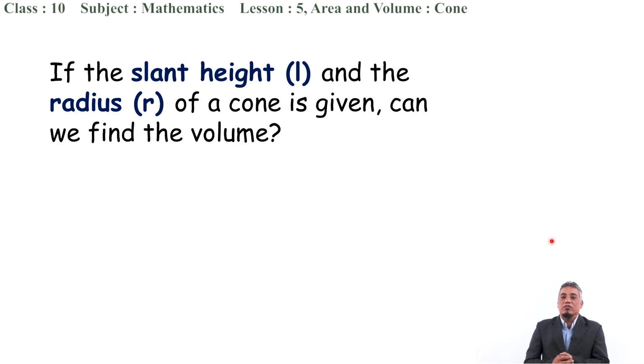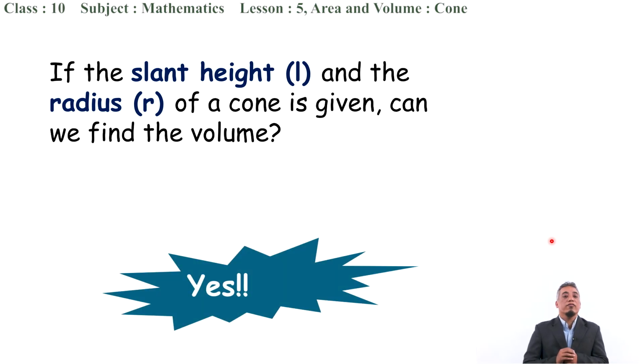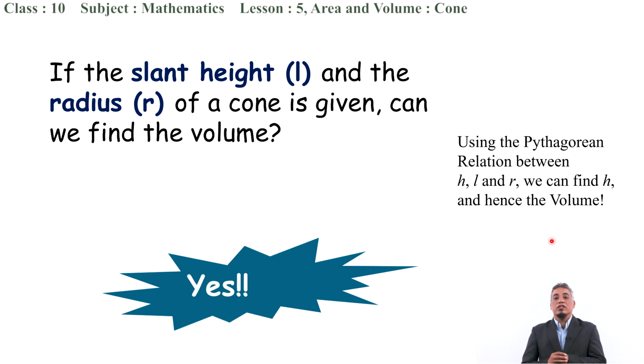You can find out the volume, but before we use the formula for volume, as it contains h there, we have to find h first, then only calculate the volume. So we can find the volume out of these two pieces of information, L and R, but by finding h first. Using the Pythagorean relation between h, L and R, we can find h and hence the volume.